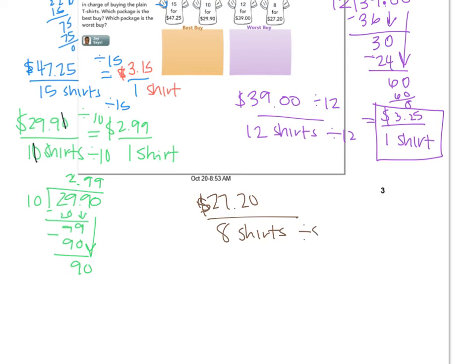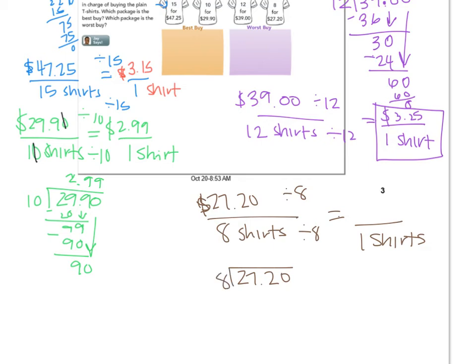We're going to have to divide by 8 for both top and bottom, because 8 divided by 8 gives us 1, and we need 1 on the bottom to find our unit price. So now we have to do 27.20 divided by 8.